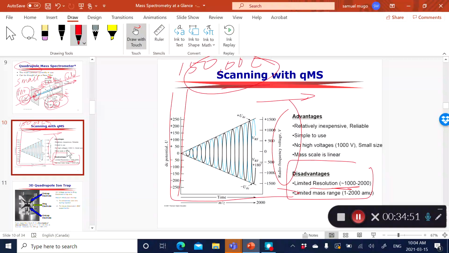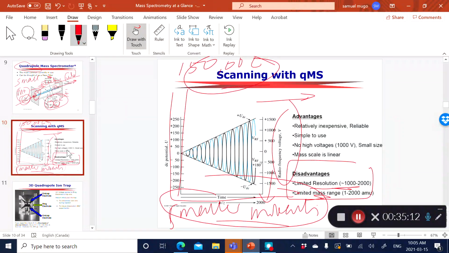It doesn't have a very high resolution. And also the mass range is very limited. So you'd find quadrupoles are typically used for smaller molecules. Okay. Now, for example, those of you who have used our GCMS system, and some of you have, you're going to find the quadrupole is the mass analyzer in those instruments.